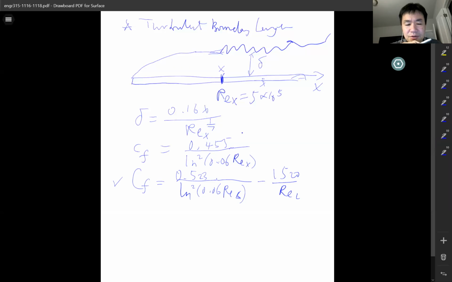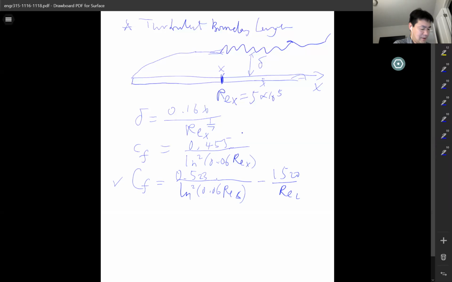It is the overall average skin friction coefficient for the entire plate, including the laminar portion. I think that makes sense. That makes life easier for your calculation. You don't have to separate the portions. This is the overall, including the surface.